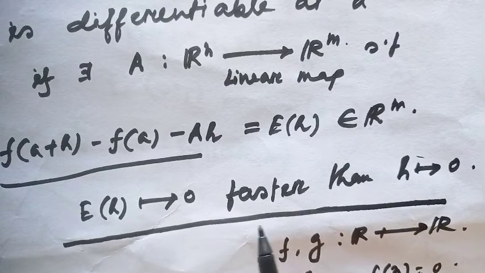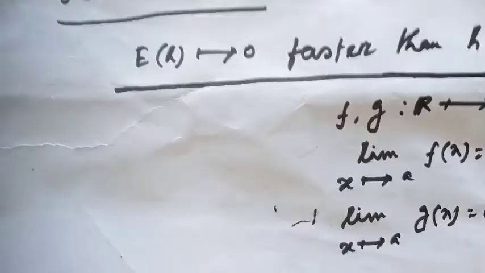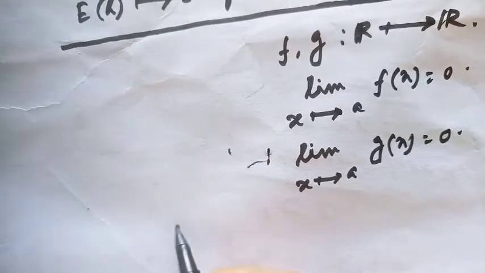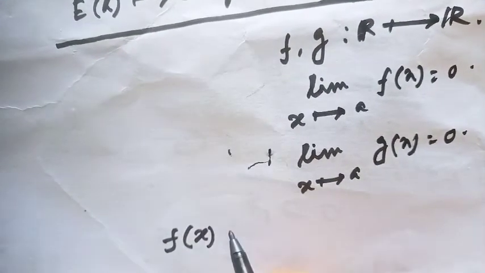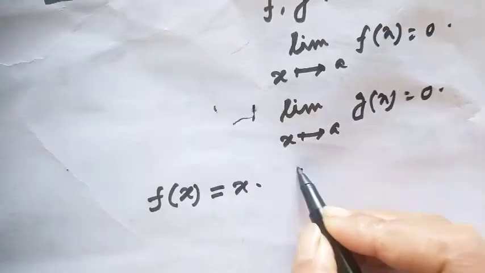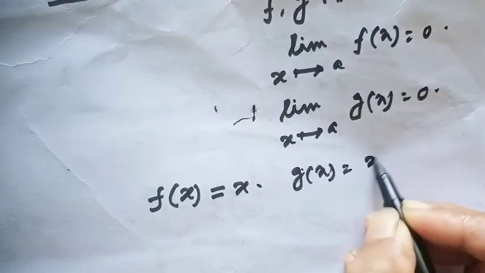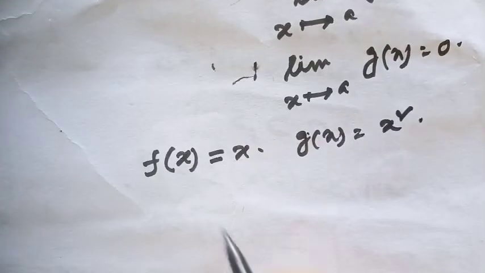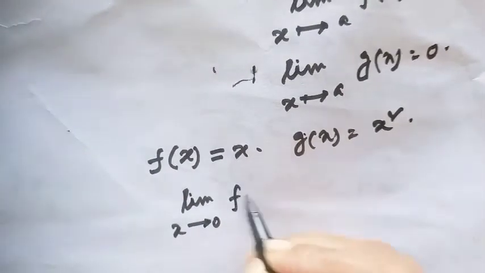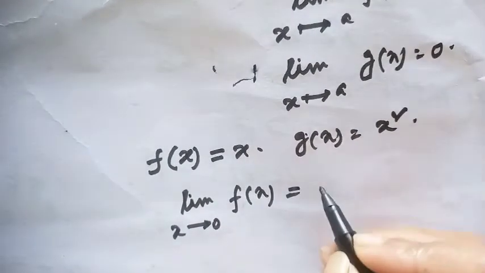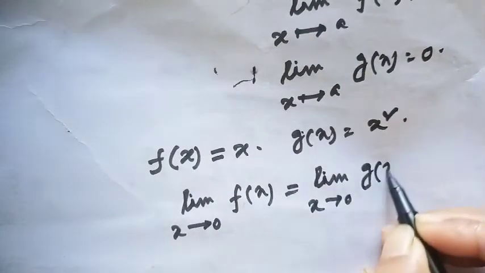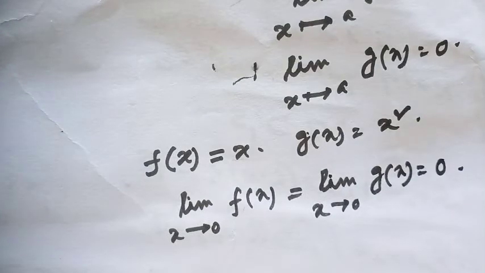Limit e tends to 0 faster than a tends to 0. As for example, if we consider f(x) equal to x and g(x) equal to x squared, we all of us know at limit x goes to 0, both functions f(x) and g(x) are equal to 0.